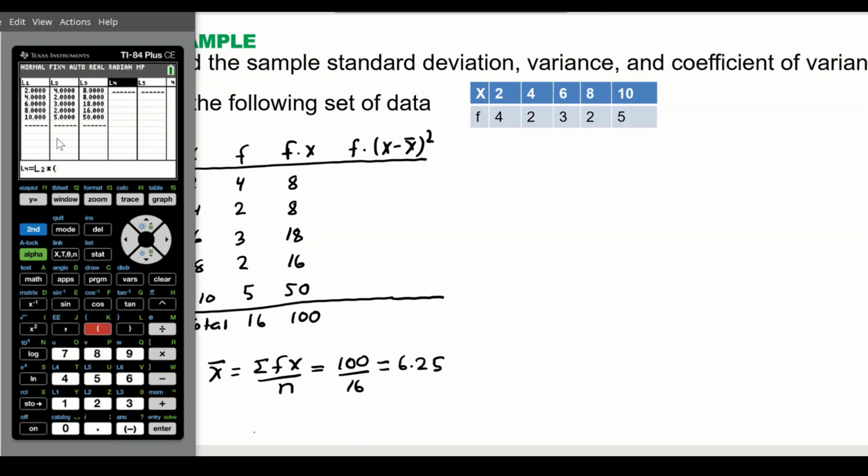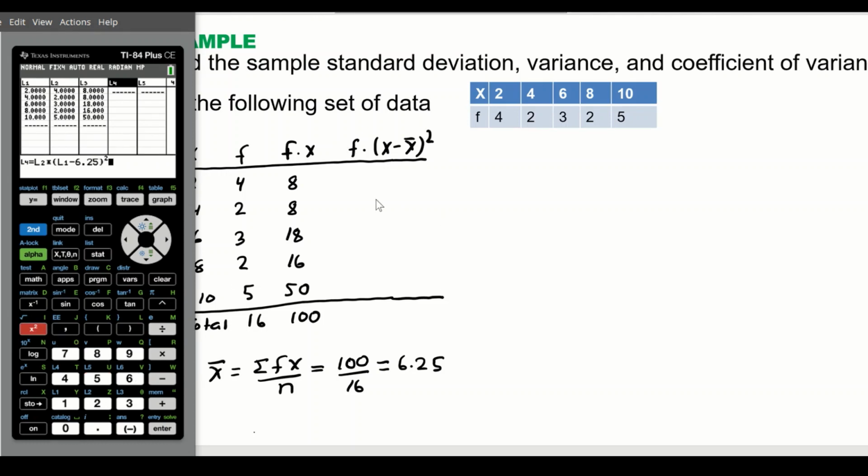These x values are in list 1, so we write L1 by pressing second and 1. And then minus x bar, the mean, which is 6.25. Close that parenthesis and then square it.